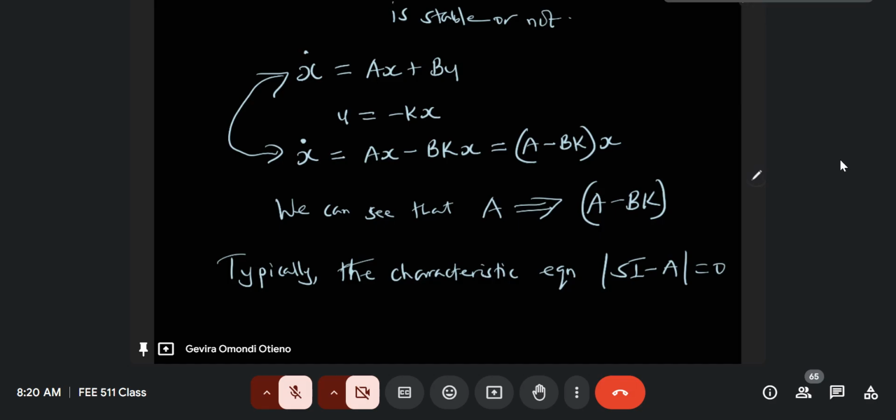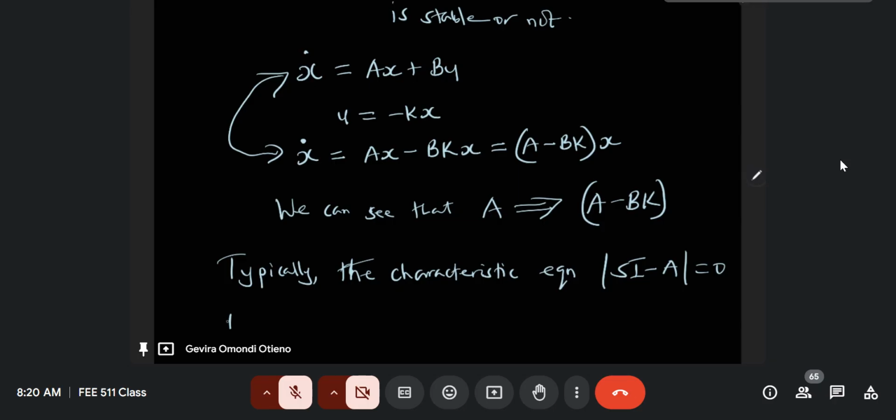Meaning, if you want to determine the characteristic equation of a state space representation, all you need is the matrix A. Then you have SI, where I is an identity matrix. So you have SI minus A, you get the determinant, then you equate it to 0. That gives you the characteristic equation.